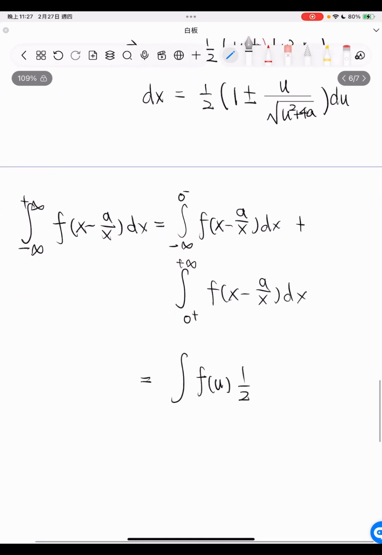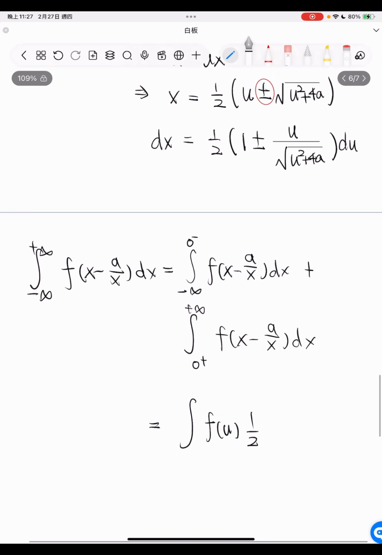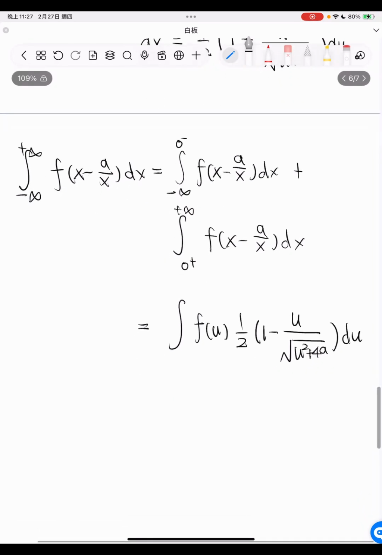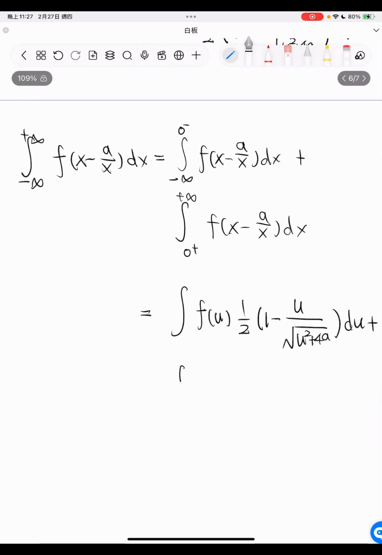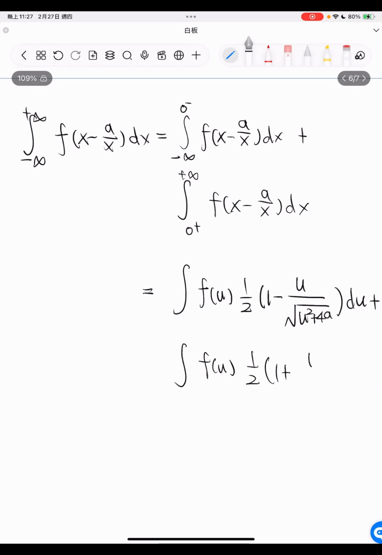Because x is from minus infinity to 0, we choose the minus: 1 minus u over the square root of u squared plus 4a, du. And the second part is f(u), then we choose the positive, that means 1 plus u over the square root of u squared plus 4a, du.